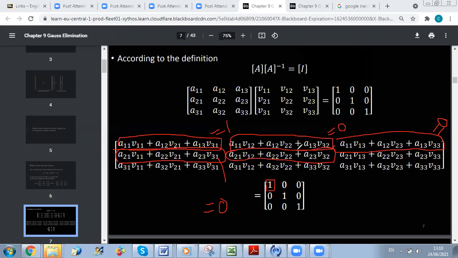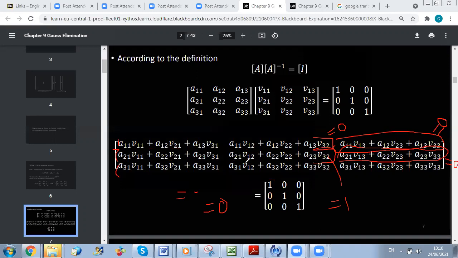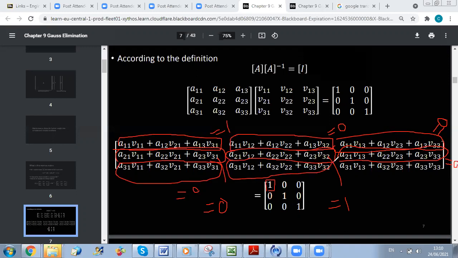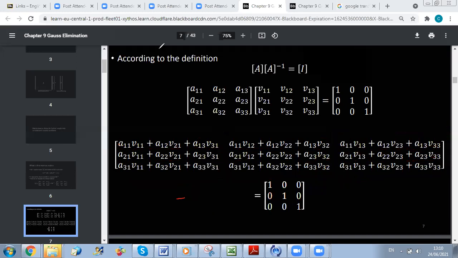The fifth equation is equal to 1. The sixth equation is equal to 0. Seventh equation is 0. Eighth equation is 0. And equation number 9 is that this term is equal to 1. So I end up with 9 equations with 9 unknowns, which is really hard to compute.